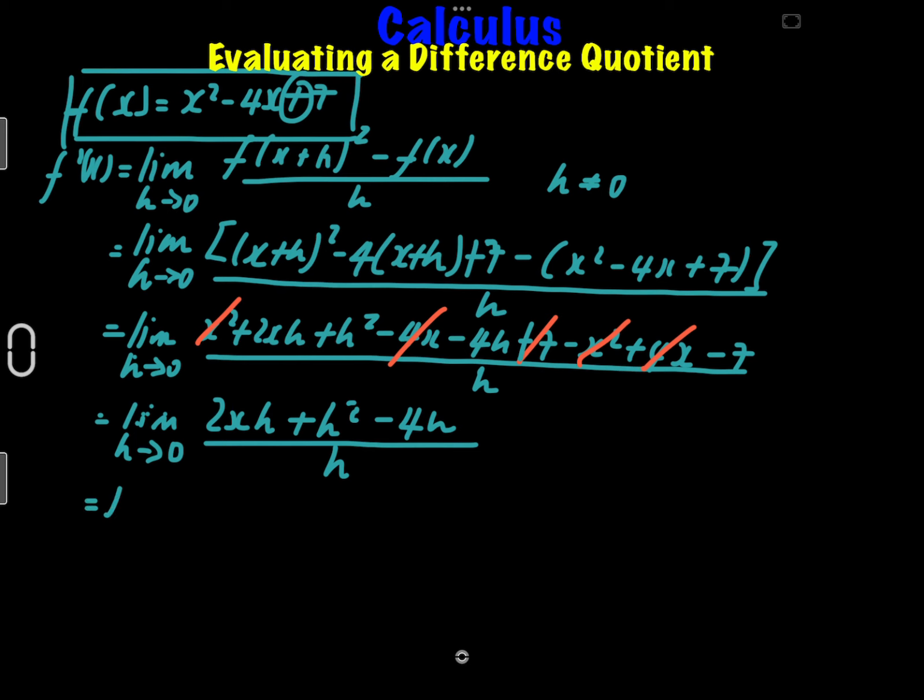So notice now our common factor is simply h. So I'm going to have h as our factor. So we have 2x, that's what we remain with, plus h minus 4, close bracket, all divided by h.